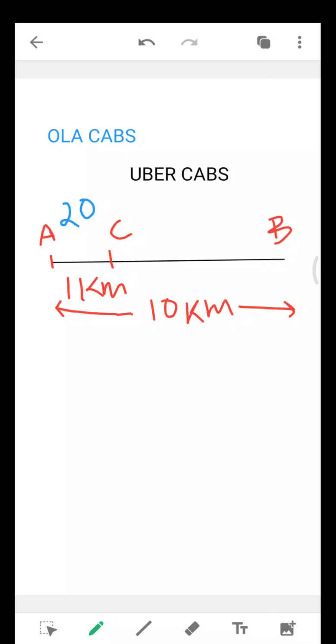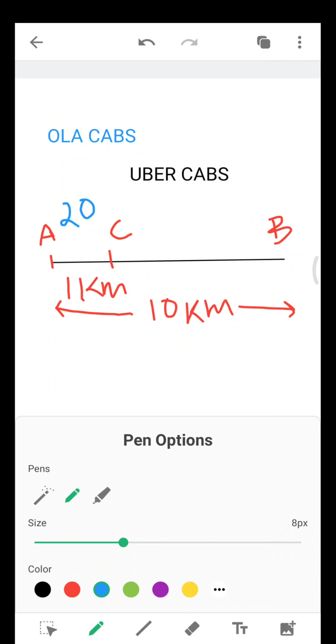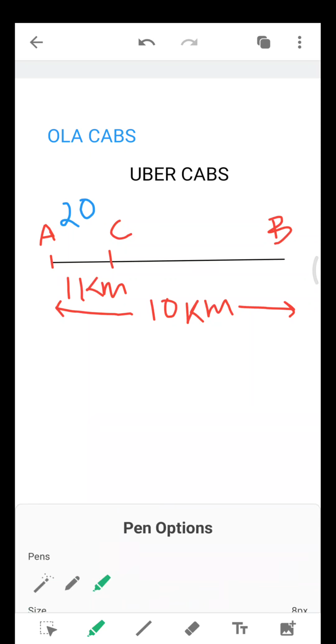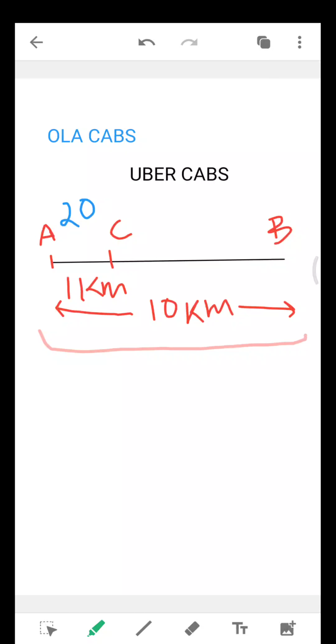The distance between A and B is total 10 kilometers. But for the first kilometer there is a fixed charge of rupees 20. So even if you travel half a kilometer, you have to pay that initial charge, that is rupees 20. So you can travel up to 1 kilometer for 20 rupees.